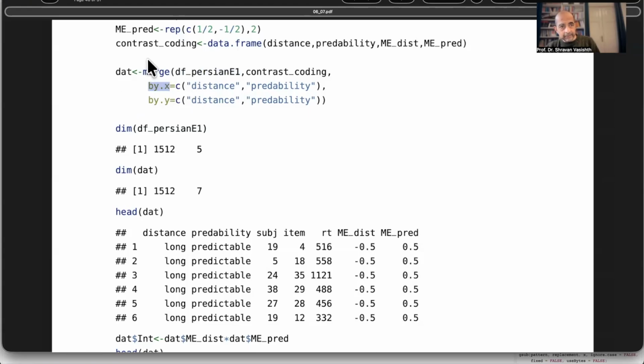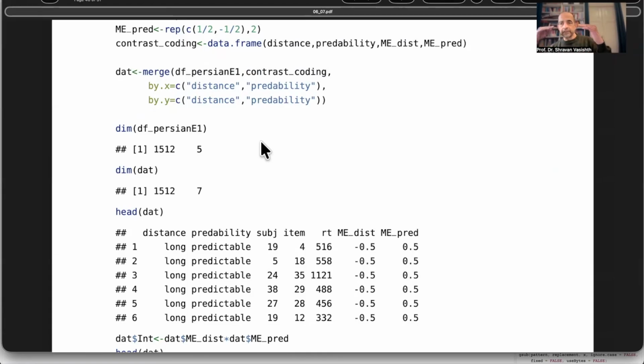I'm asking the merge function to use the distance and predictability columns as the reference for merging the two data frames. And similarly for y in the second data frame, by.y is referring to this data frame. I'm asking merge to use distance and predictability, use those columns as a reference for merging.